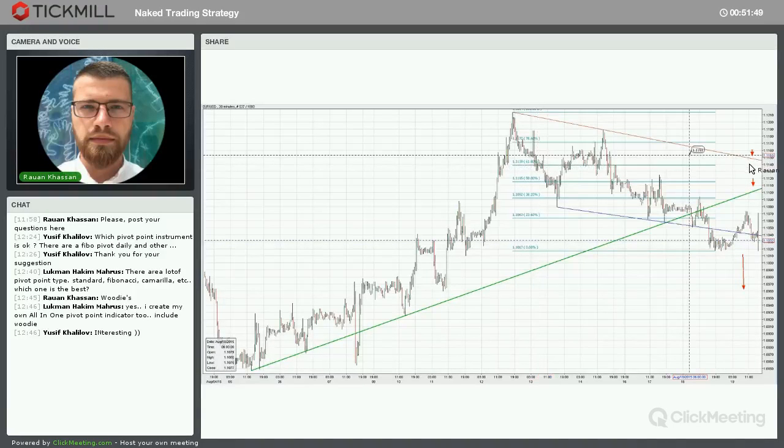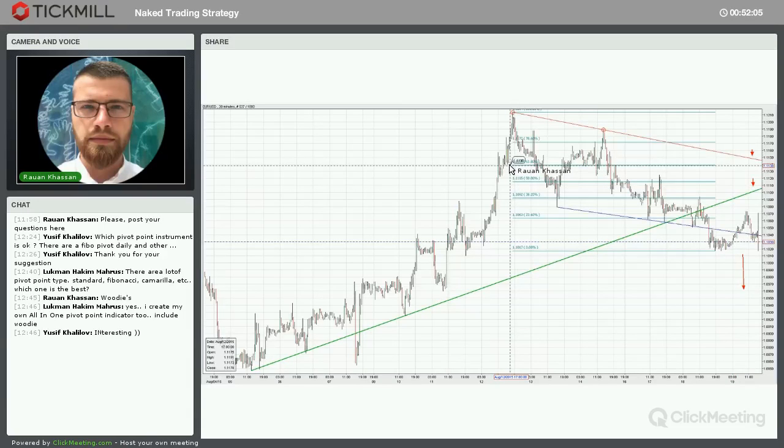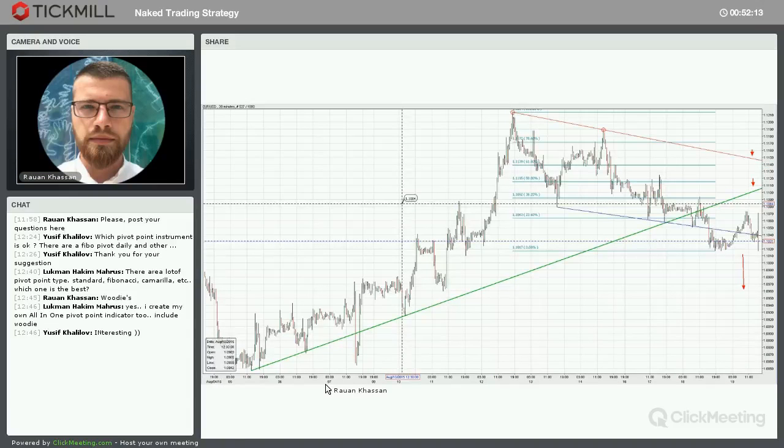So this area of 1.1140 in the intraday view is very important for euro dollar because first it's a dynamic projection of the descending trend line, and second it's the 61.8% retracement ratio according to Fibonacci theory.